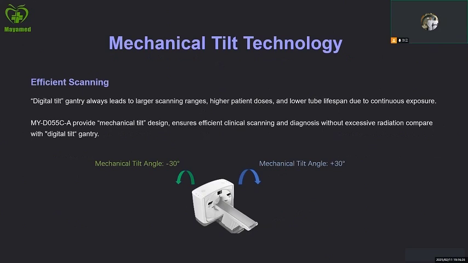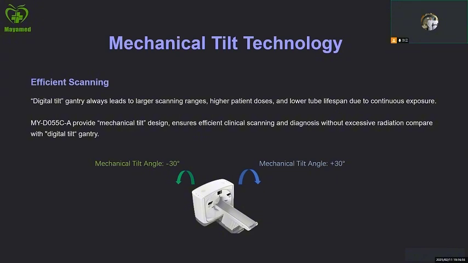But our system is not like that. We use an advanced mechanical tilt design, which helps improve the efficient clinical scanning range and also avoids excess radiation compared with the digital tilt gantry.